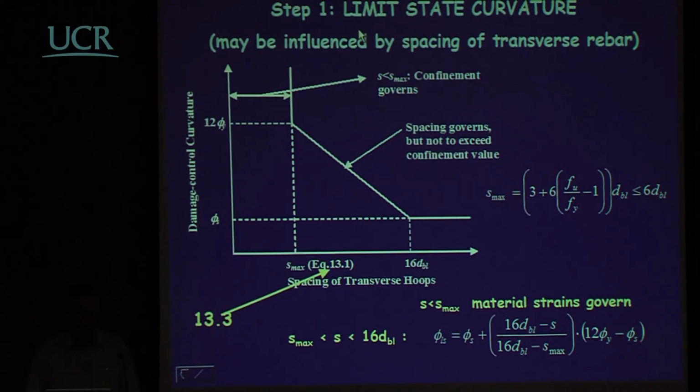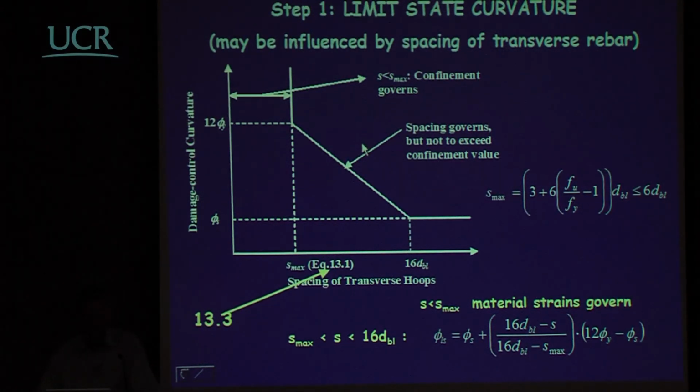In this case, then, some of the things that we need to look at are limit state curvatures. And one of the problems here is, again, we can't just say we can determine a limit state strain and therefore determine what the corresponding limit state curvature is, because now we typically are going to find that buckling of reinforcement and spalling of concrete may be influenced by the spacing of transverse reinforcement in a plastic hinge region.